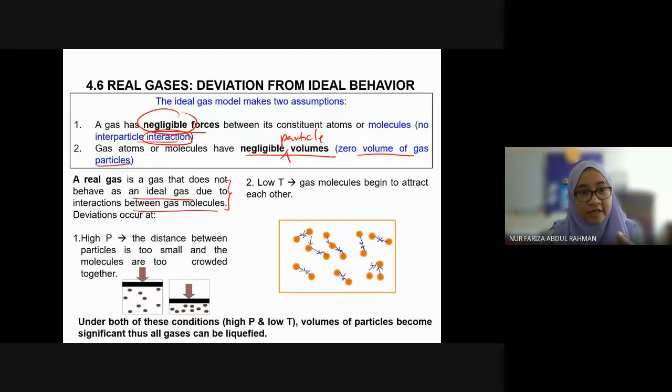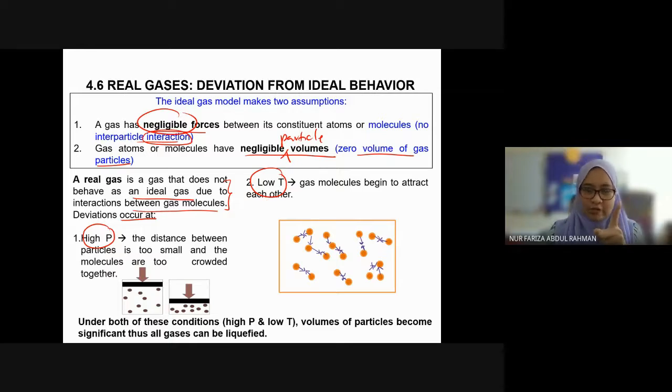And this deviation occurs at very high pressure and low temperature. These are the two conditions where the real gas, which normally would obey the ideal behavior, disobeys it. It no longer follows the ideal behavior at these two conditions.